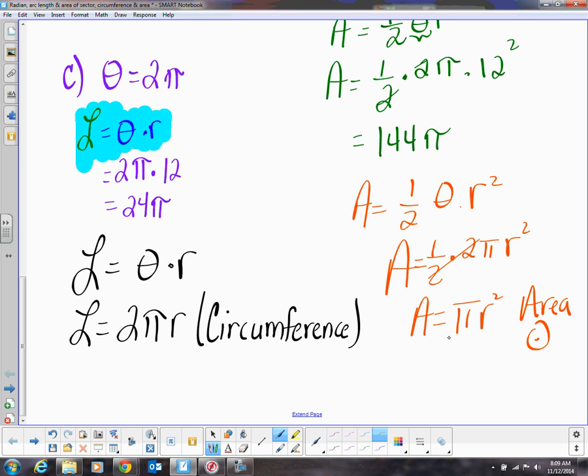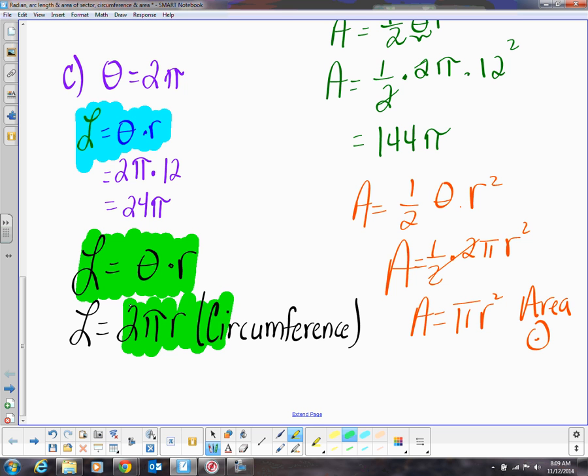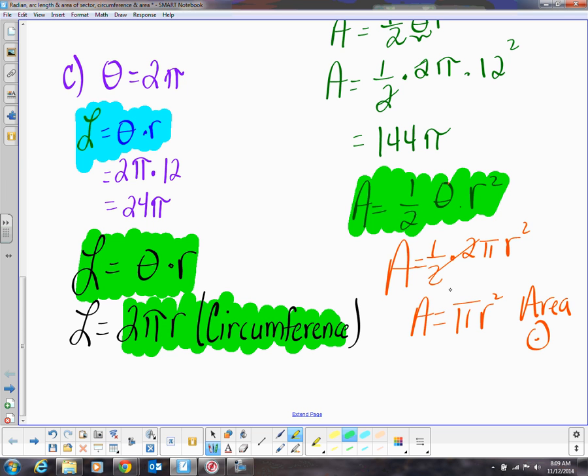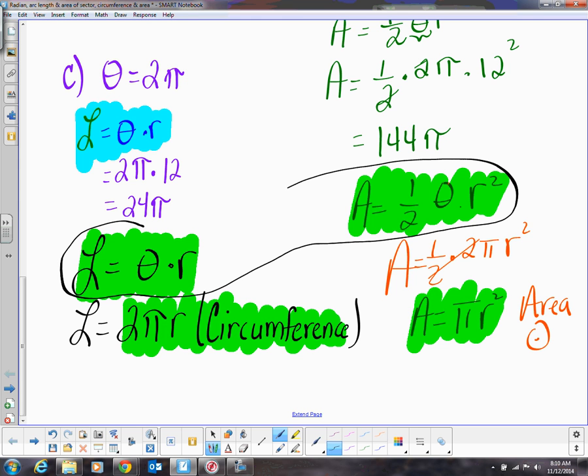You're more than welcome to use that, but my point is that if you choose to use these, you have to know this formula for part of a circle. You need this for the distance around an entire circle. You need this for part of a circle, and you need this for a whole circle. I'm advocating that all you really need to know is this formula and this formula, and you have everything. And I have found in my experience, the less I have to remember, the better it is.